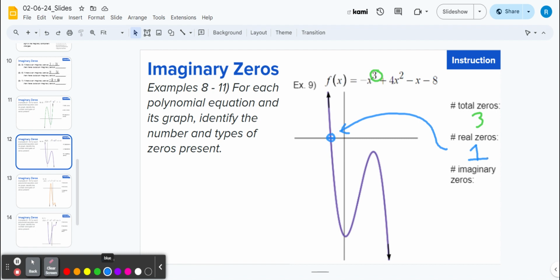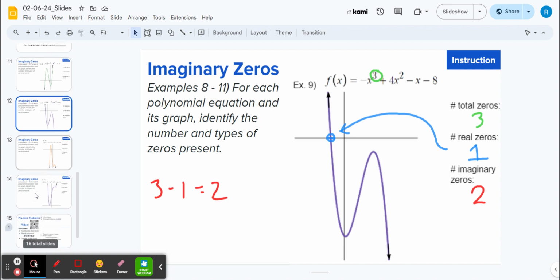I have 3 total, and only 1 that I can see that's real. That means we have 2 that are imaginary, right? 3 minus 1 equals 2. 2 have to be imaginary there.